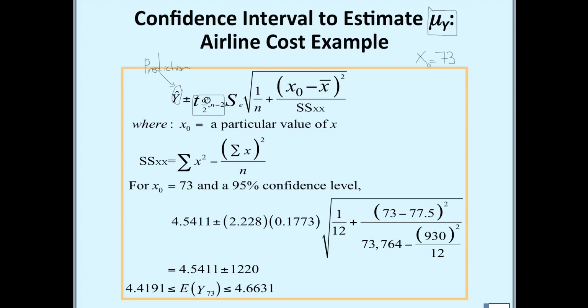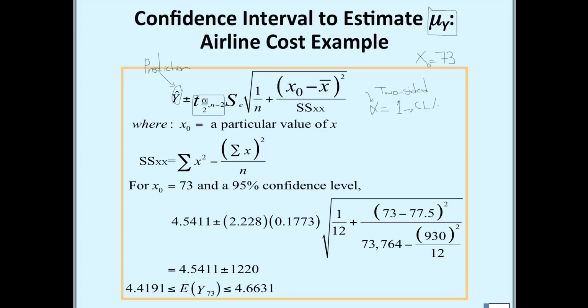So let me explain what alpha is here. Alpha is 1 minus the confidence level, the two-sided alpha, and you should divide it by 2 to look it up in our table.